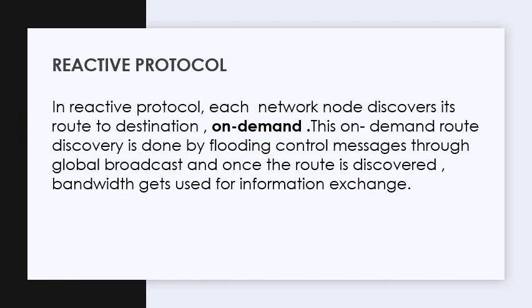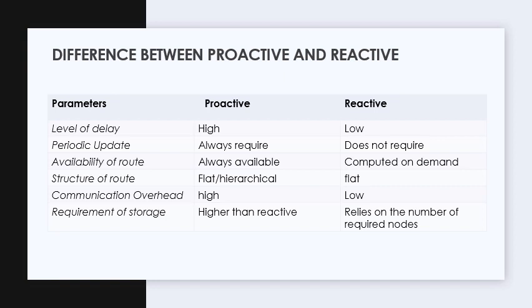Now we'll see the difference between reactive protocol and proactive protocol. The differences between proactive and reactive protocols are, first, level of delay. In proactive protocol, the level of delay is low because routes are predetermined, but in reactive protocol, the level of delay is high because routes are computed on demand.